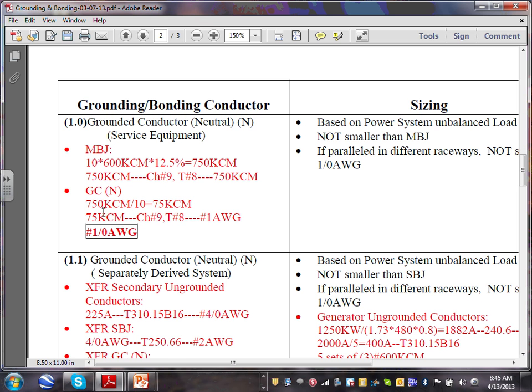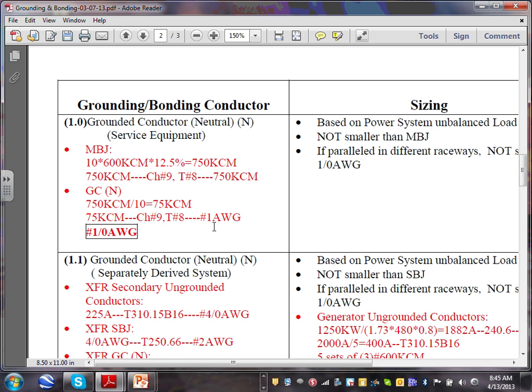So you take your 750 and divide it by 10. Why did I divide it by 10? Because you have 10 sets. You need one neutral with every set. You can't have the neutral with only one set. So I divided the minimum size of the neutral by 10. If you take that to Chapter 9, Table 8, it gets you number 1.